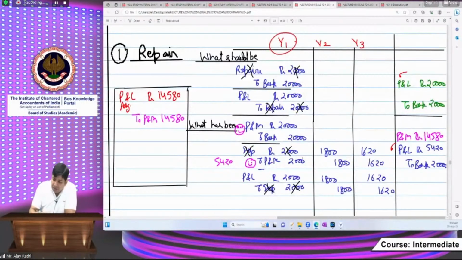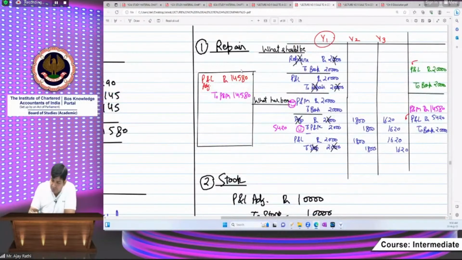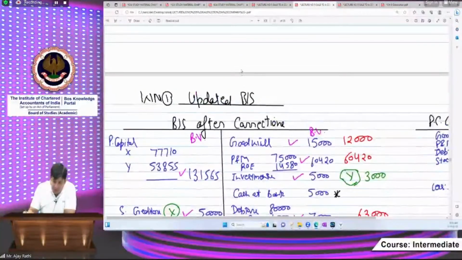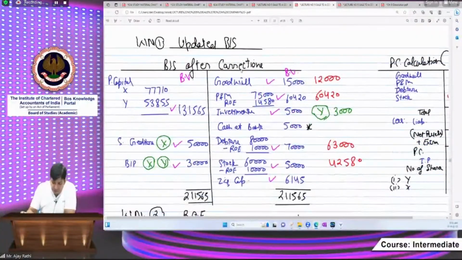Whatever I can deliver in the limited time, I will request ICAI, ma'am and sir in the respected team, that if I could get one more lecture, that will be better, so that we can give more practice for this unit.